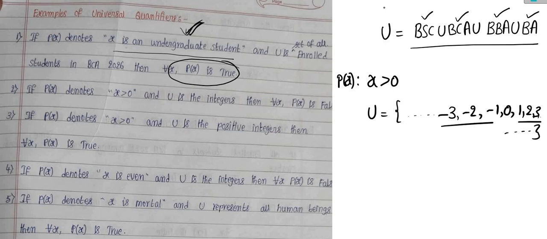So observe, if I am taking minus 3, is minus 3 greater than 0? False. Then we can say that P of x is false because here we have for all x.